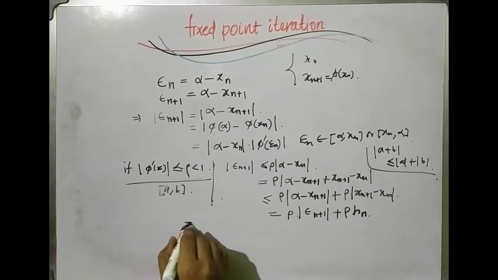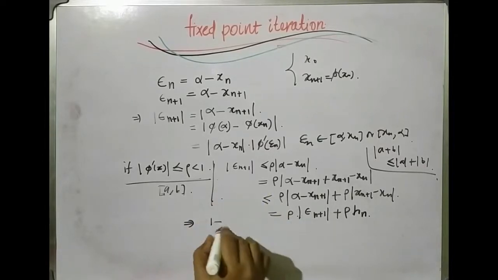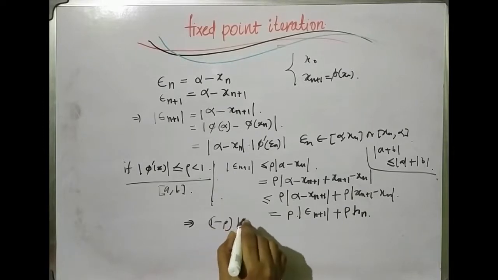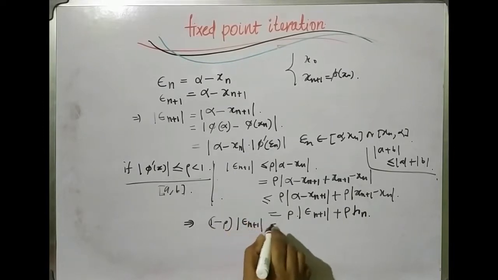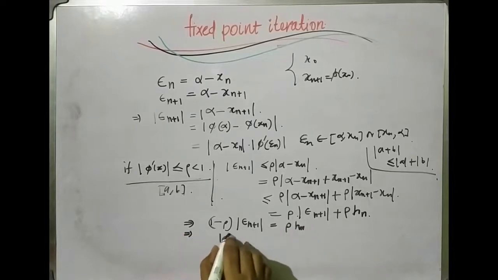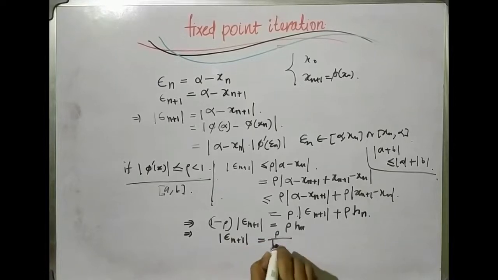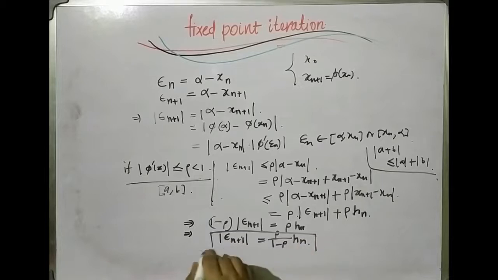So if we take rho to the left side, 1 minus rho into epsilon n plus 1 equals rho into hn. So which will give epsilon n plus 1 equals rho by 1 minus rho hn. So that is the required relation.